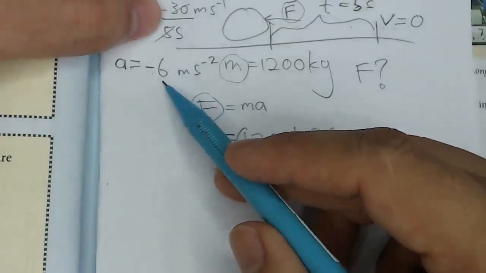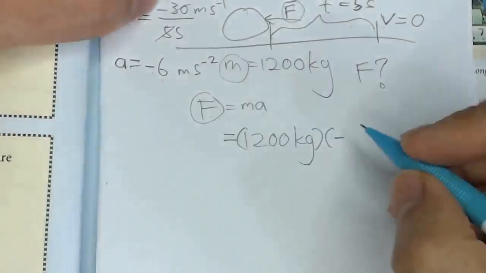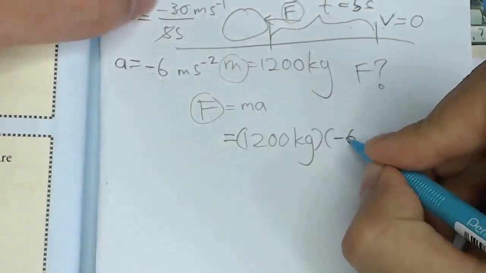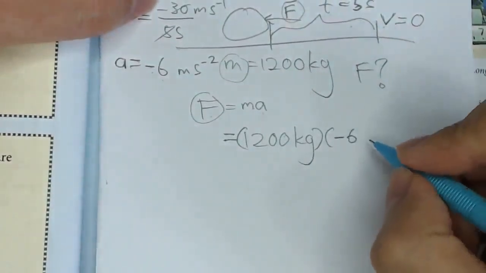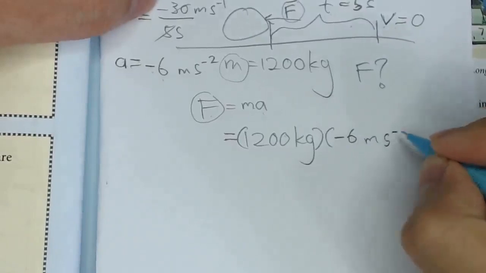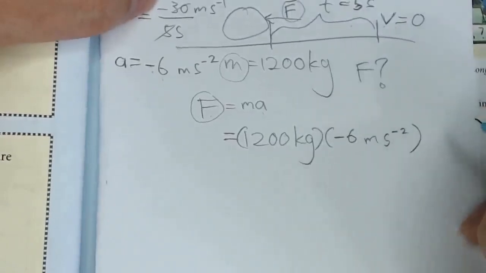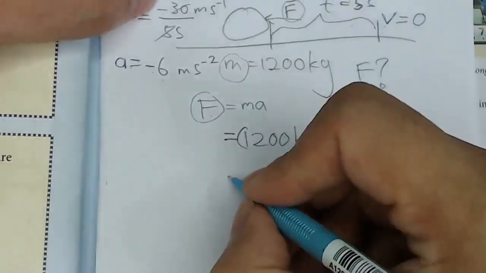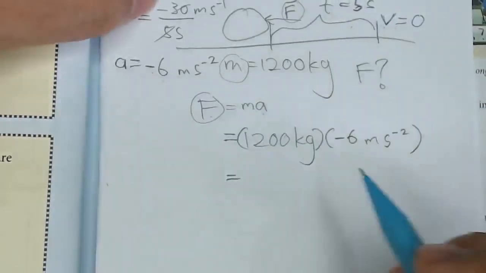So here it is, now we have a value of A. We substitute in here negative 6 meter per second squared. Keep moving.